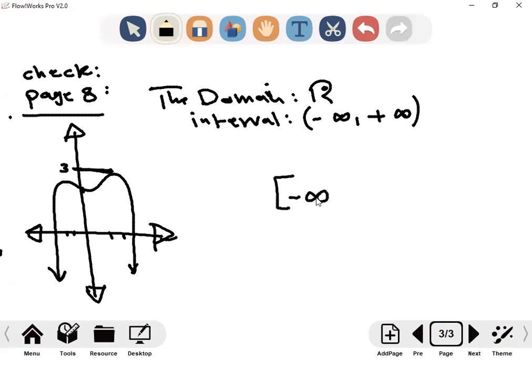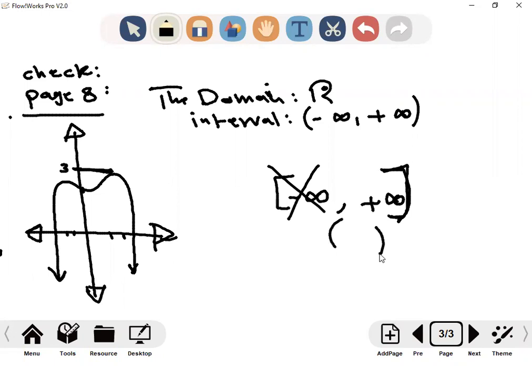This is wrong. I said a bracket means included, right? But do you know if infinity and negative infinity can be included? No. That's why be careful. At negative infinity and positive infinity, there is no closed bracket. Always parentheses at infinity. With numbers, it's different. Got it?